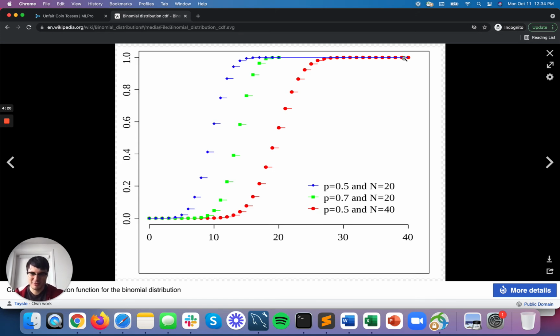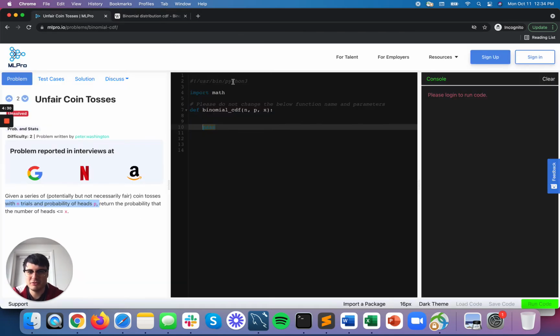And all of those, the probability that you get one of those outcomes is pretty close to 100. And that is our cumulative distribution function, which applies to our MLPro problem, where we're looking at the cumulative distribution function for the binomial distribution.